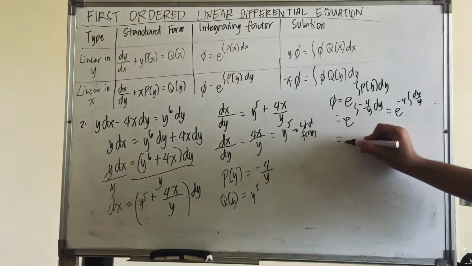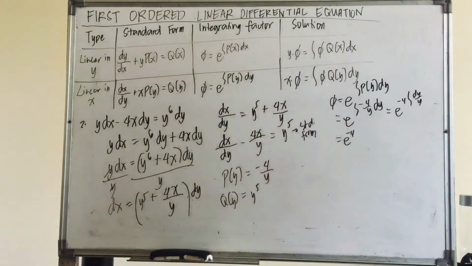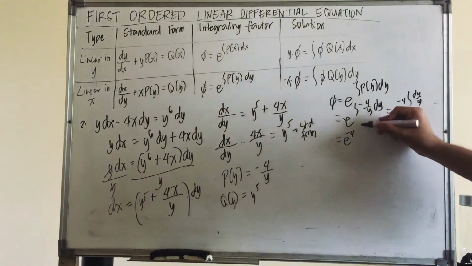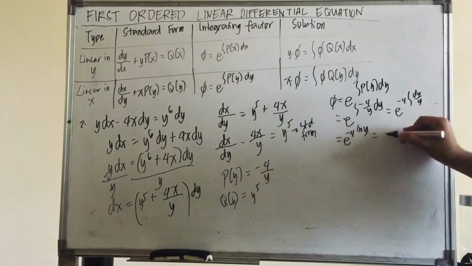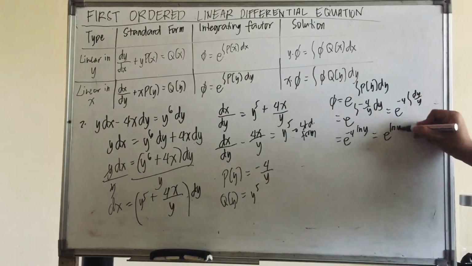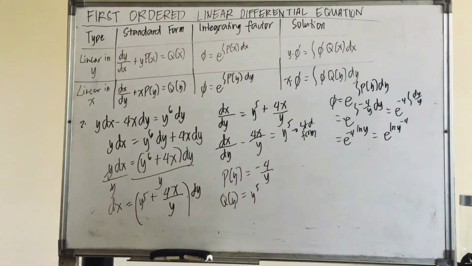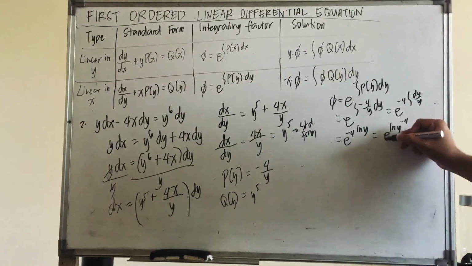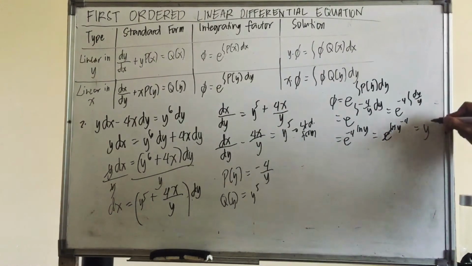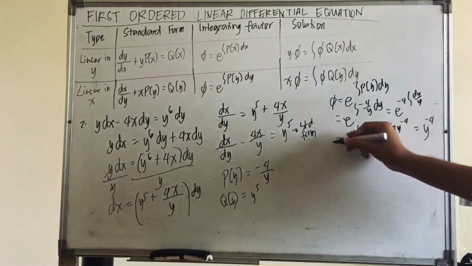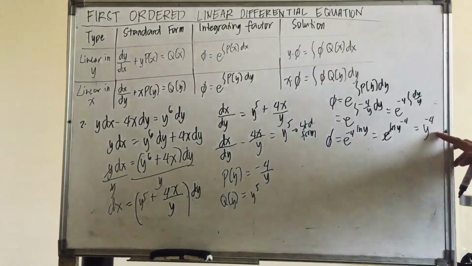The integral of dy over y is ln y. So this is equal to e raised to ln y raised to negative 4. So cancel out e and ln. So this is equal to y raised to negative 4. So the integrating factor for number 2 is y raised to negative 4.